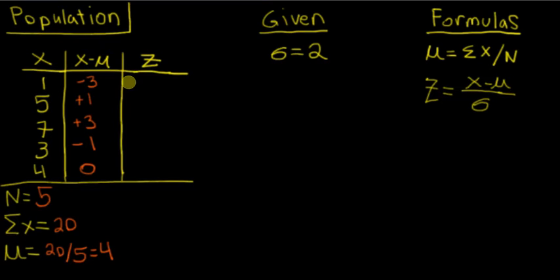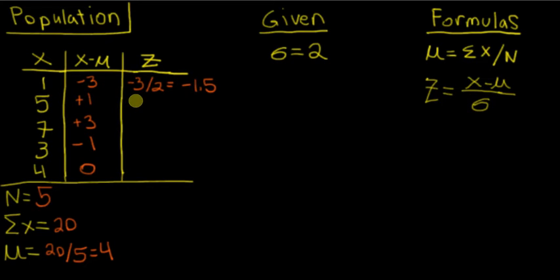So easy, we're just going to put negative 3, bring that negative 3 over here, divided by 2, equals negative 1.5. So that's our z-score. Negative 1.5 is the z-score for x equals 1. When x equals 1, z equals negative 1.5.